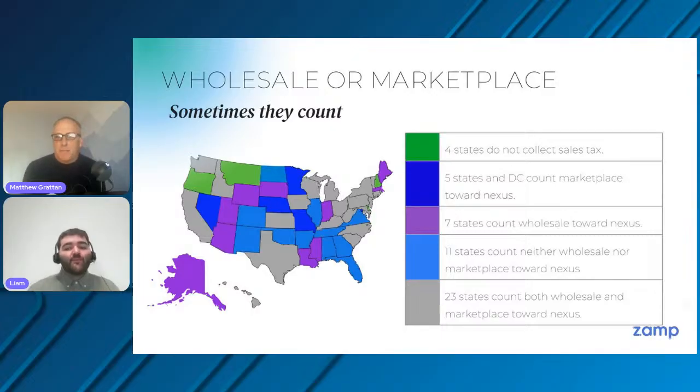Yeah, so there will be roughly, I think it's 28 or so of the 47 that will count the marketplace sales towards economic nexus. And if you are going to launch the D2C, one thing I would recommend is getting an assessment based on where you have exposure, potentially through your current Amazon sales. The second thing I would say is, think about what your strategy is in terms of volumes, and I look at the concept of materiality.